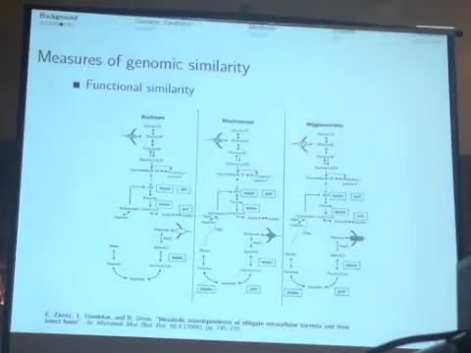Another higher order measure is this idea of functional similarity. These are three obligate intracellular bacteria. This is the glycolysis plus citric acid cycle, and anything in red represents loss of that function in the organism. Since these are obligate intracellular organisms, they depend on their host for a lot of these processes.